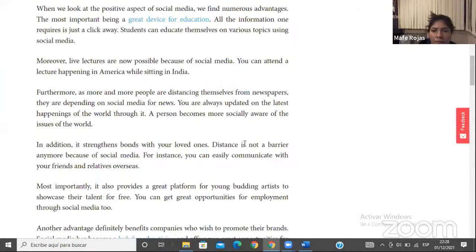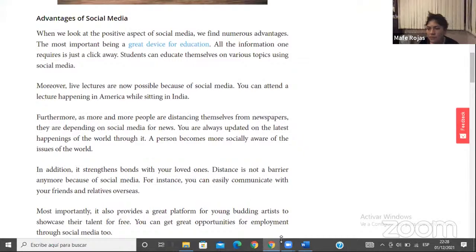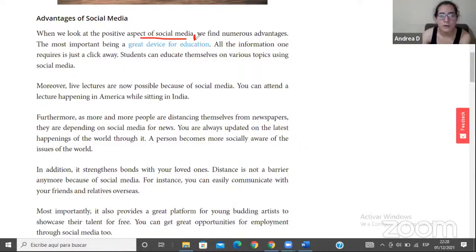Like for example, look at this. In the first one, when we look at the positive aspect of social media, comma, so it's not a transition, but it's changing the order, right? It has like an intro to the sentence. When we look at the positive aspect of social media, we find numerous advantages.